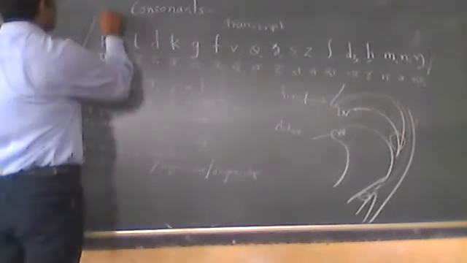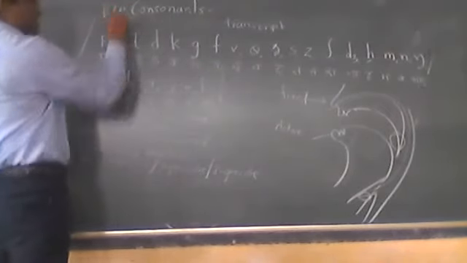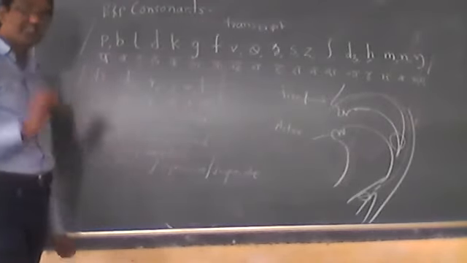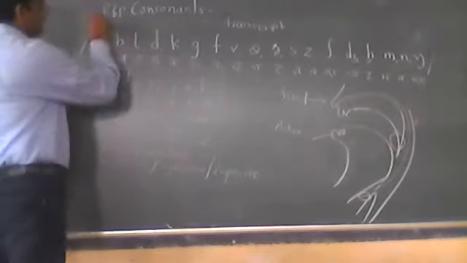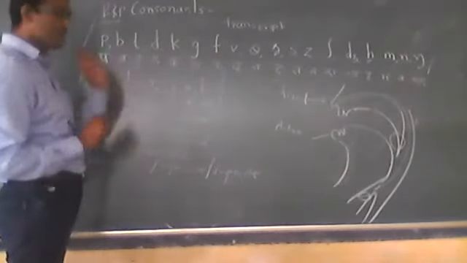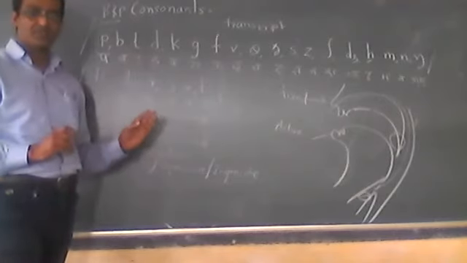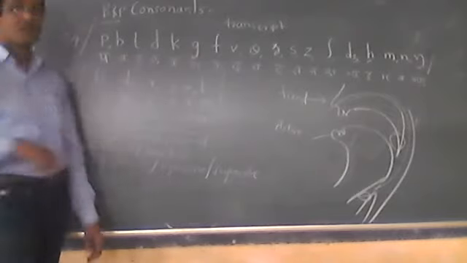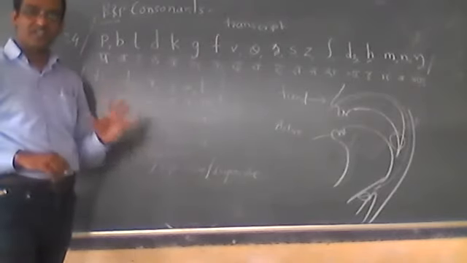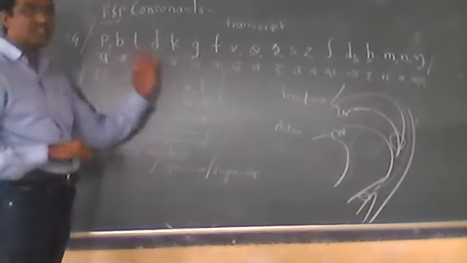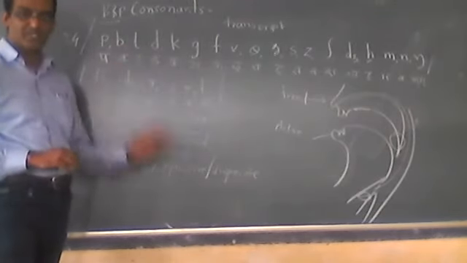As per British Received Pronunciation, there are 24 vowel sounds, earlier 20, and a total of 44 sounds in English.